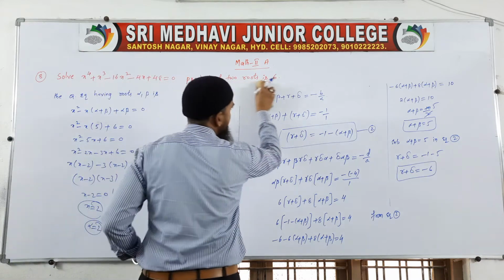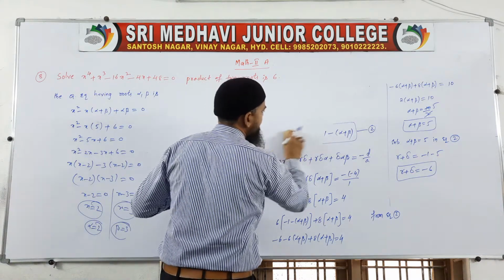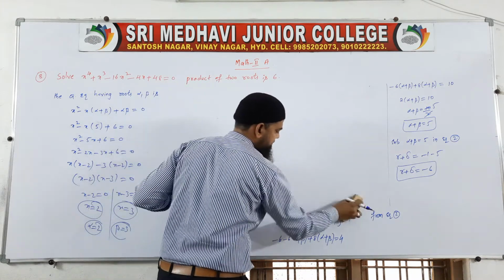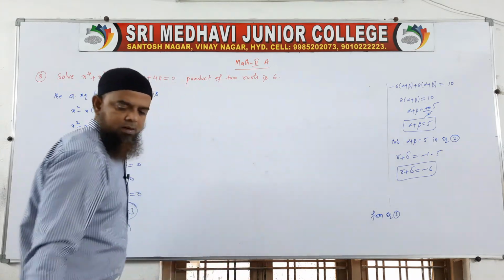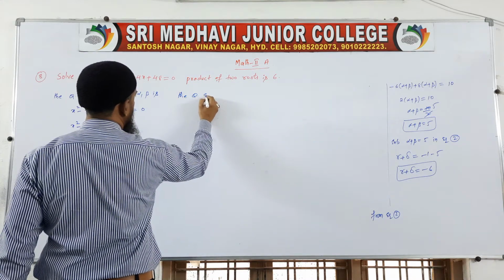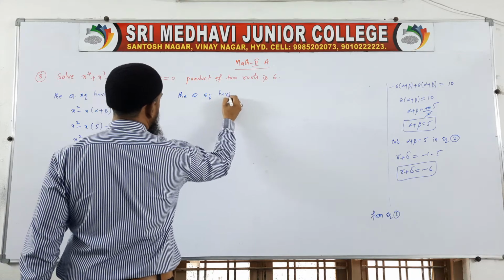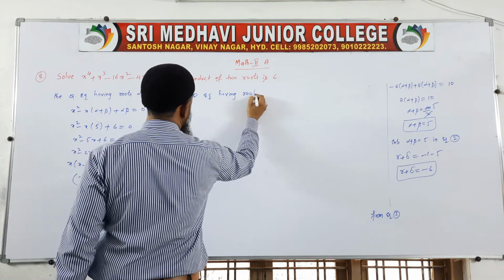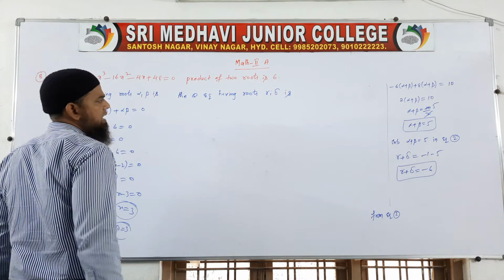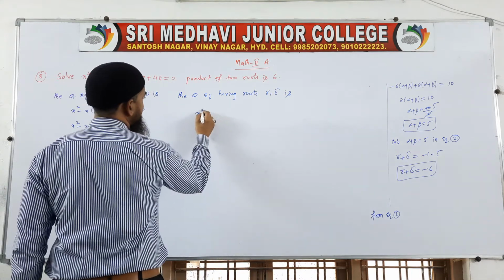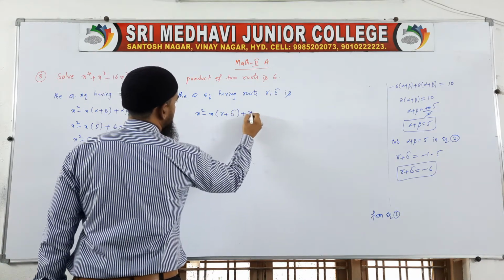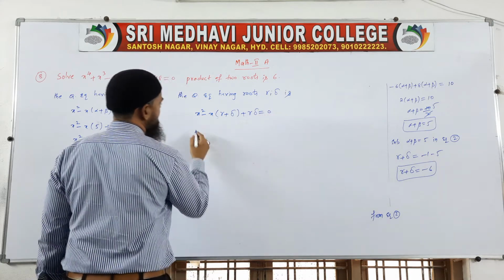Now we are constructing a quadratic polynomial by using the roots gamma delta. The quadratic equation having roots gamma delta is x square minus x into gamma plus delta plus gamma delta is equal to 0.